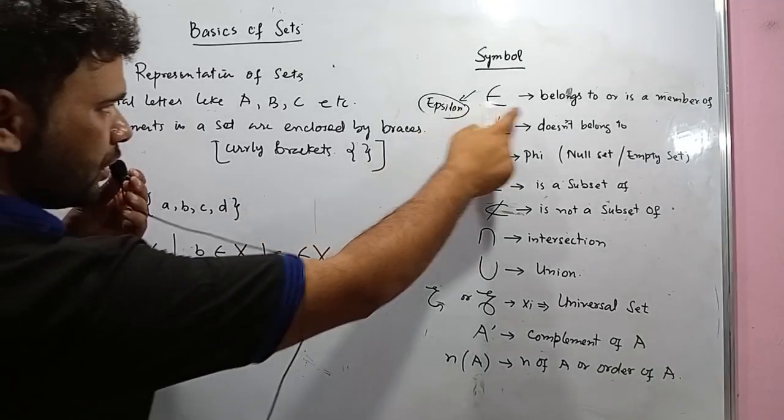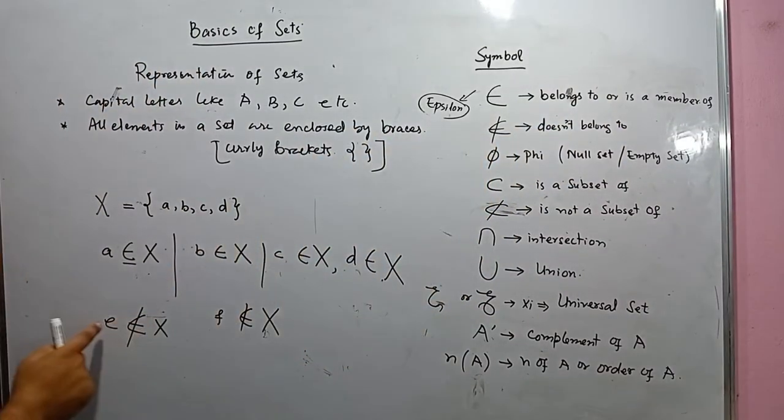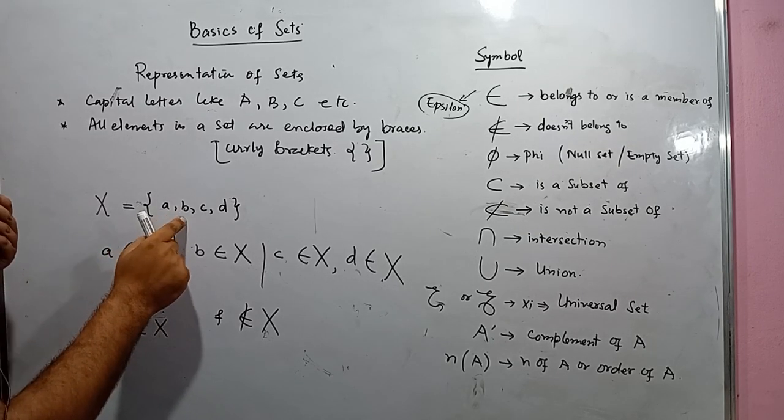So this symbol means belongs to or is a member of, and this one means does not belong to. Here I am writing E does not belong to X, that is, E is not in the set X.